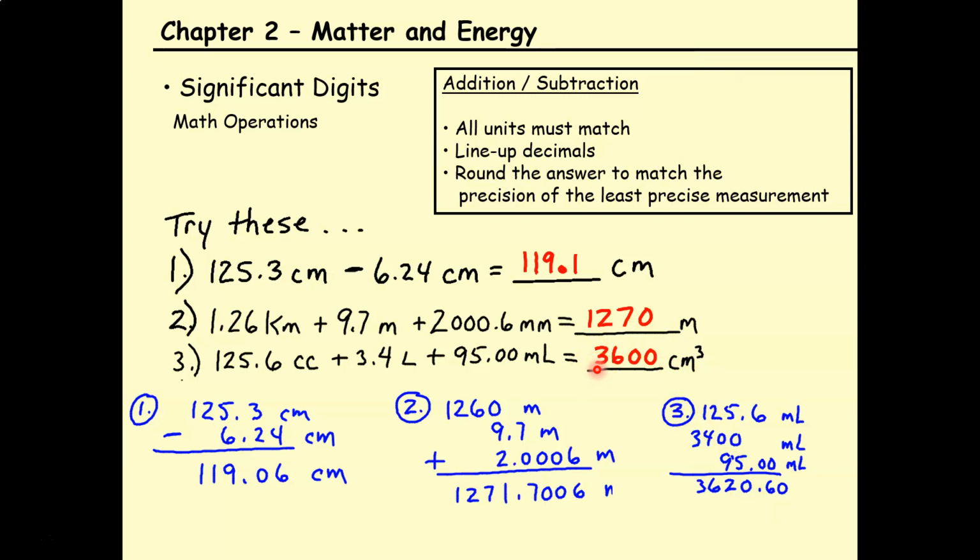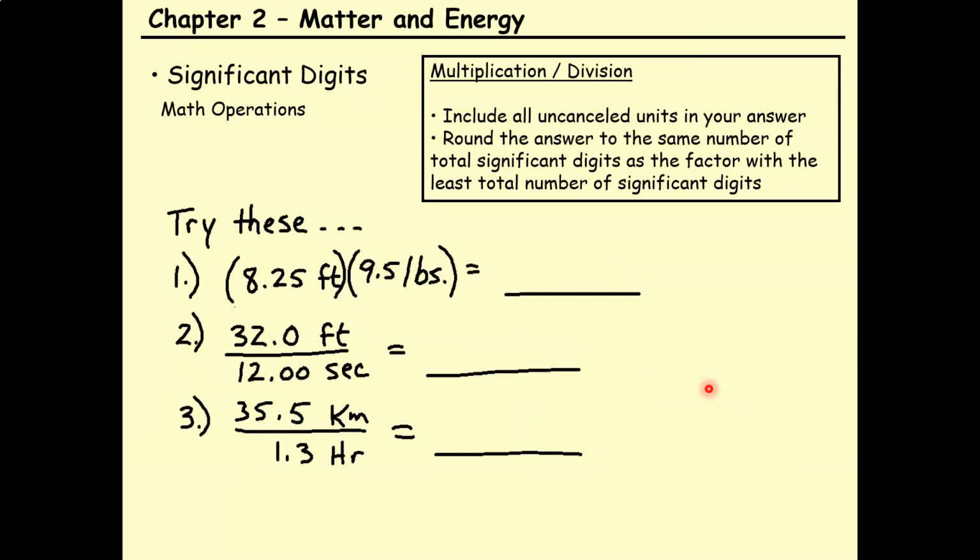All right, so it can get a little bit tricky adding and subtracting because of that issue. You got to get the units to match and look which one's the least precise. Usually we don't do a lot of adding and subtracting and worry about this. But in chemistry and physics, we do a lot of multiplying and dividing. Let's look at that rule.